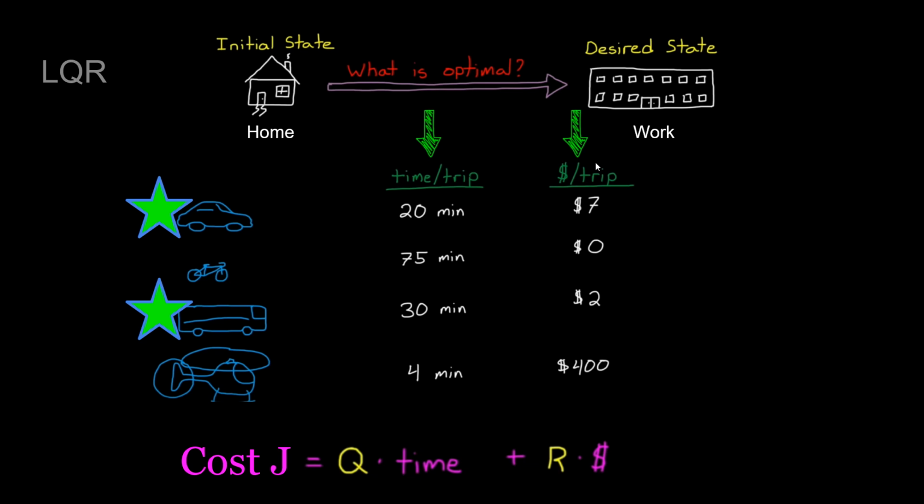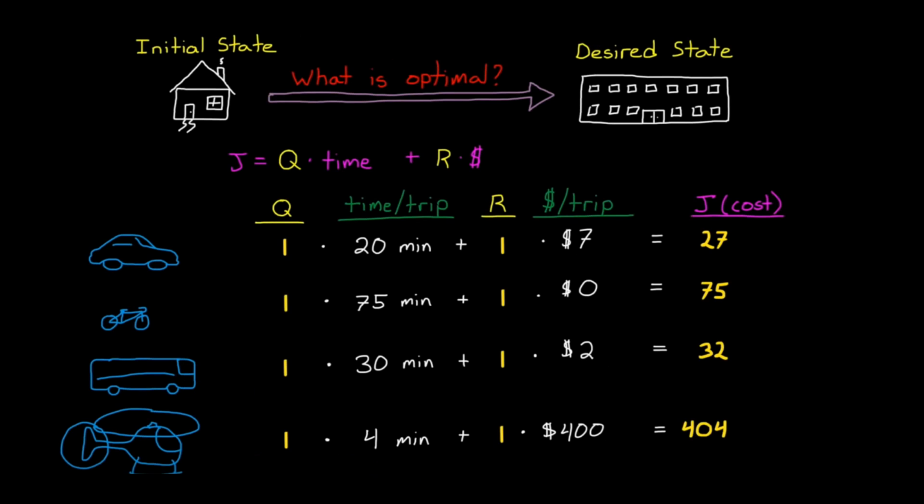But if you put them together, then either the car or the bus becomes the best option. It costs the least for you. So here we see, if we put time and money together, we multiply these two values with Q and R to weigh them heavier or lighter. So they cost more or less depending on the weight you put on them.